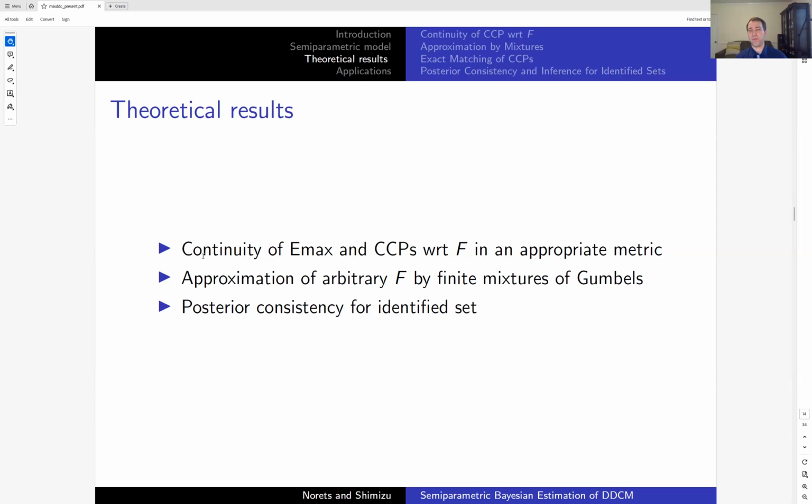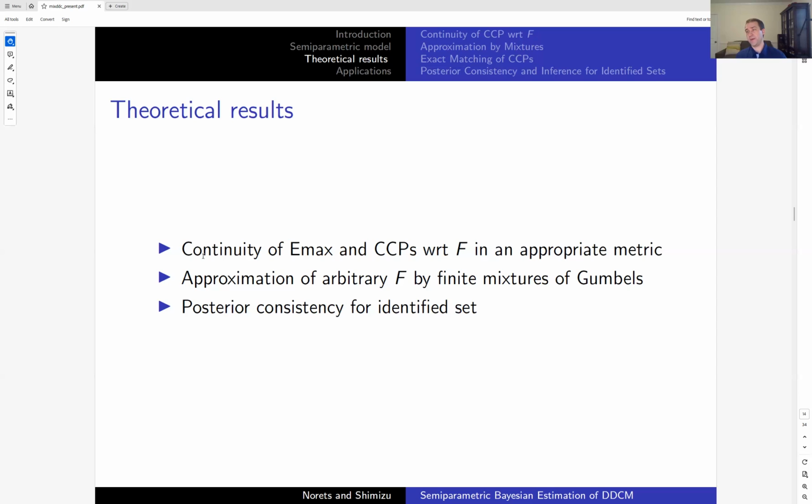So let me briefly mention the theoretical result that we are deriving in this paper. First, we need to figure out what would be an appropriate metric on the distributions, so that the likelihood function, the CCP, conditional choice probabilities, and the solution to the Bellman equation are continuous.